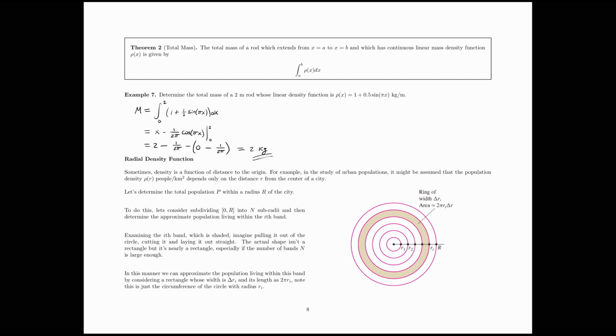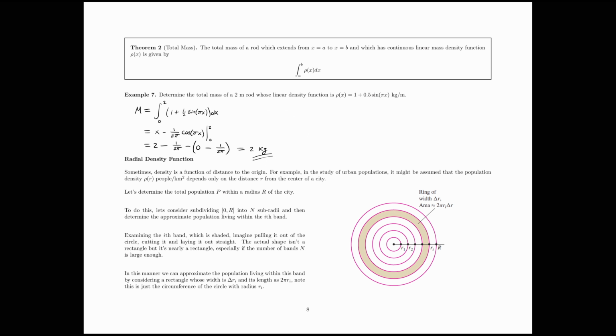All right, in this next type of density, we have a radial density function. So if the density of something only depends on how far away it is from the center, an example of something that varies like that would be population with respect to the distance from an urban center or some sort of city.